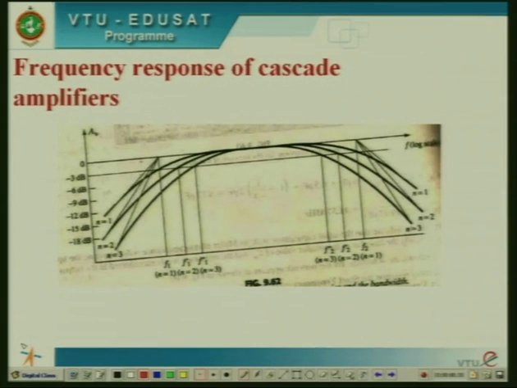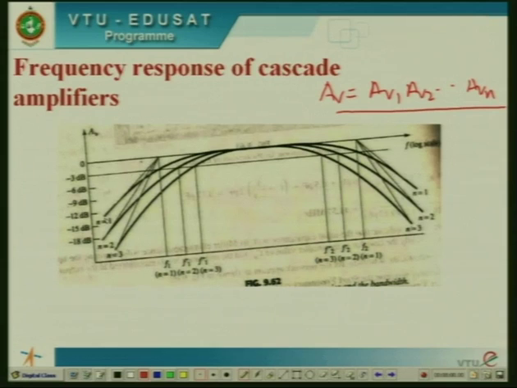Because we know that the gain of the amplifier AV is given by AV1, AV2 and up to AVN. Means if they are in cascade, then you have to take the product of those voltage gains. My question is, if the gains are multiplied, what is the effect on the bandwidth of the amplifier, even if identical transistors or identical FETs are taken?